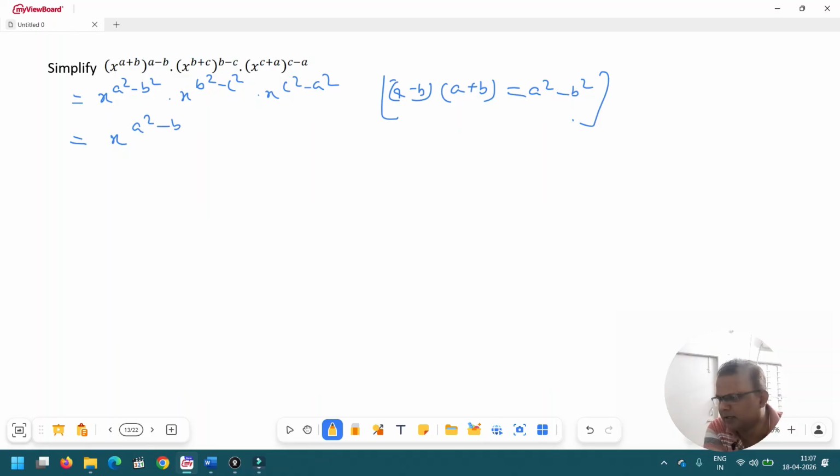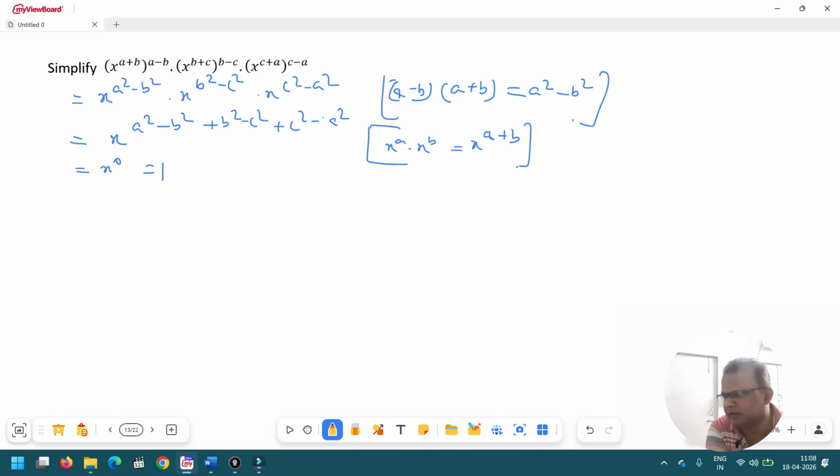A square minus b square plus b square minus c square plus c square minus a square. That is equal to x to the power 0. That is equal to 1. Using this x का पावर a into x का पावर b is equal to x का पावर a plus b. That is the answer.